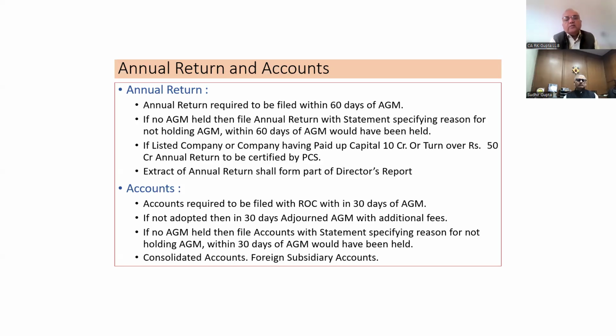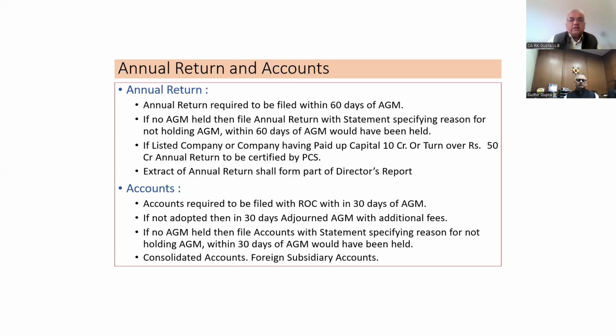Now regarding accounts. Accounts are required to be filed with ROC within 30 days of the AGM being held. There could be a situation where the accounts are not adopted. In case accounts are not adopted by the shareholders, then within 30 days of the adjourned AGM, you have to file the accounts with additional fees.